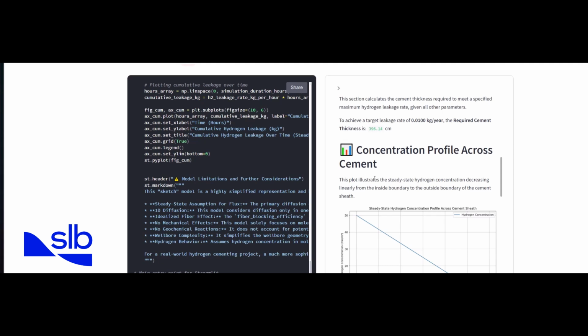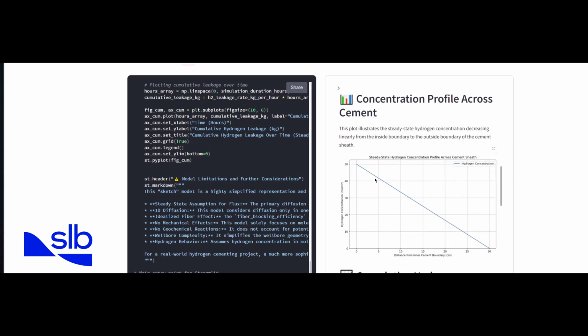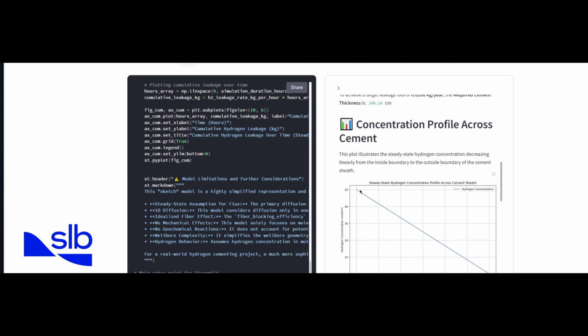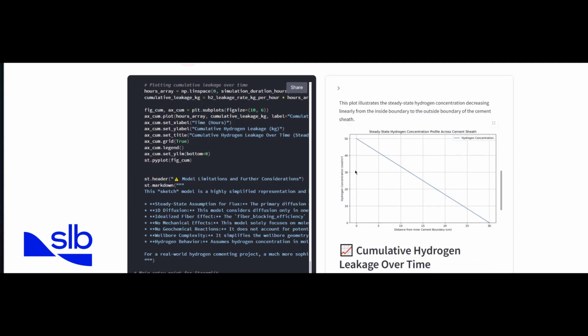This plot illustrates the steady state hydrogen concentration decreasing linearly from the inside boundary to the outside boundary of the cement shelf. So we have the steady state hydrogen concentration profile through the cementing system, against distance from the inner cementing system.